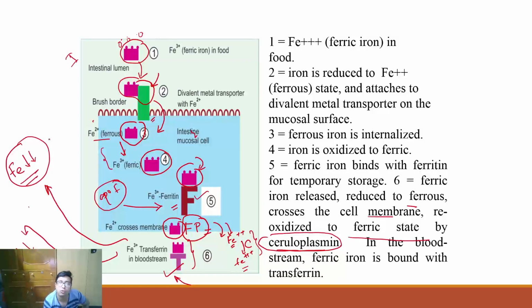But if there is no iron deficiency, if the iron level in blood is normal, there will be no need of transferrin, because whatever is present in blood will be used up. We don't need excess iron from stores delivered to the blood. In that situation, iron will be only stored as ferritin. So there will be excess ferritin, but no transferrin.